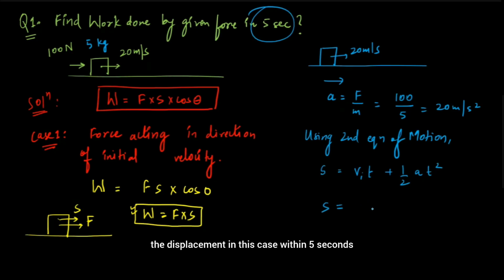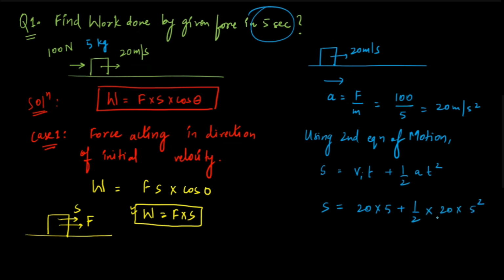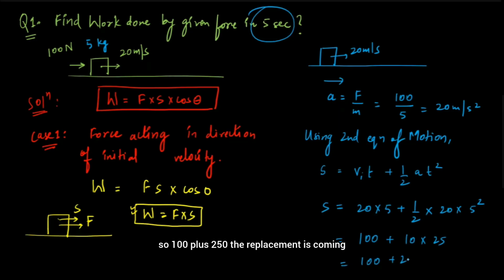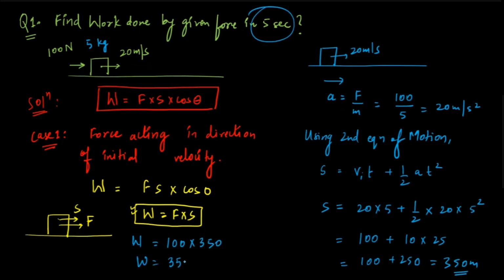So displacement in this case within 5 seconds is coming out to be 20 times 5 plus half of 20 times 5 square. So 100 plus 10 times 25, so 100 plus 250. The displacement is coming out to be 350 meters. We have to find out work. Work is going to be 100 times 350 meters, which is going to be 35000 joules.